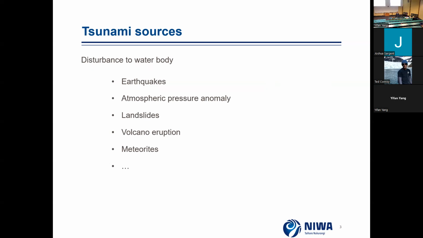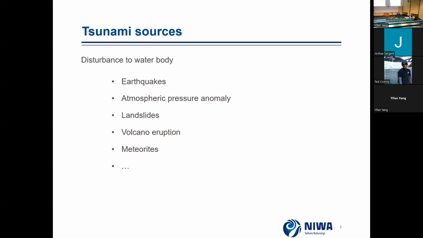And also volcano eruption and the cascading effect can cause tsunamis. The cascading effect, like underwater explosion, the pyroclastic density current, and also the caldera collapse or flank collapse, can cause disturbance to the water and cause a tsunami.